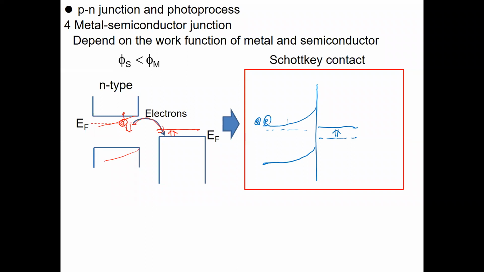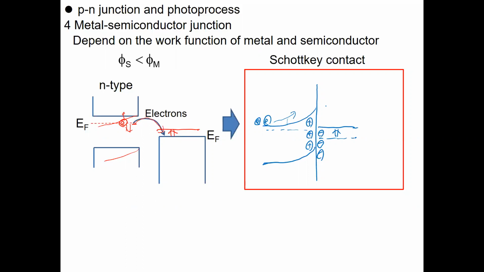At the interface, since the electron is lost from the N-type, the surface is charged positively, and on the metal side, it's charged negatively. Right? So for this contact, there are some barriers for an electron to overcome at this interface. It is called a Schottky contact. Okay.